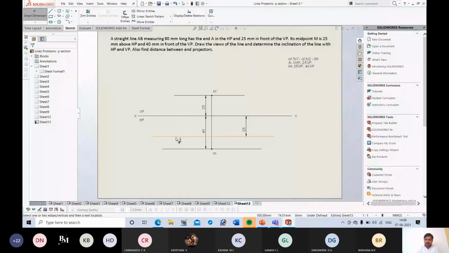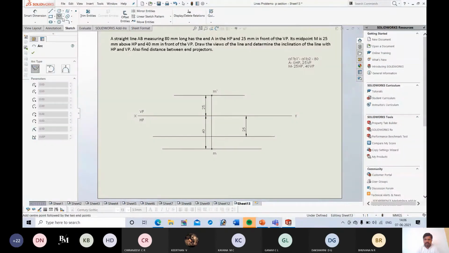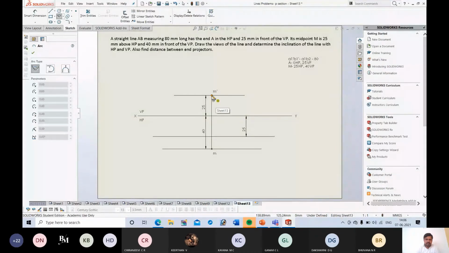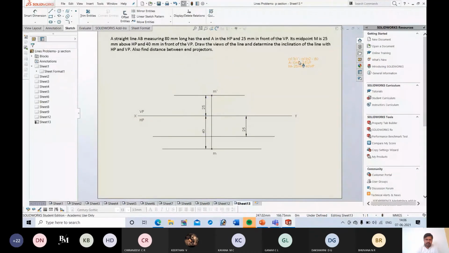Okay, so take compass. I will use this arc. Okay, so this is the midpoint. So I know true length. If true length is 80, half of it, A to M, since we are considering the first half, A to M will be 40 mm. So I will draw an arc having radius 40 mm.